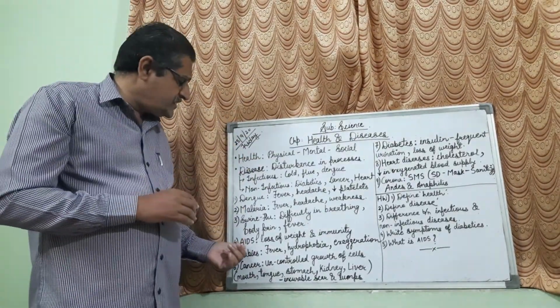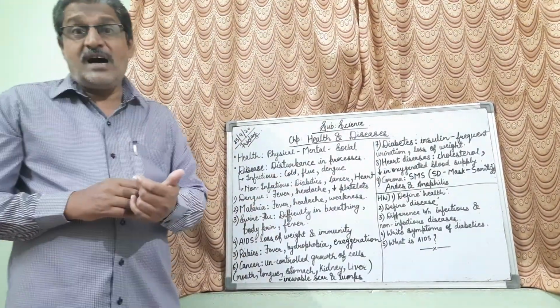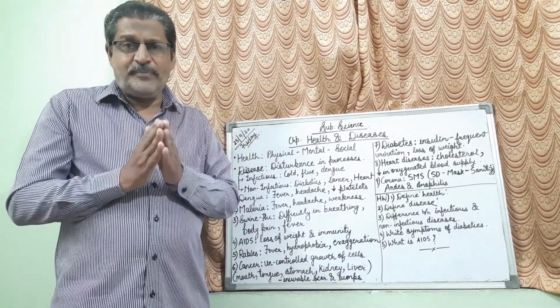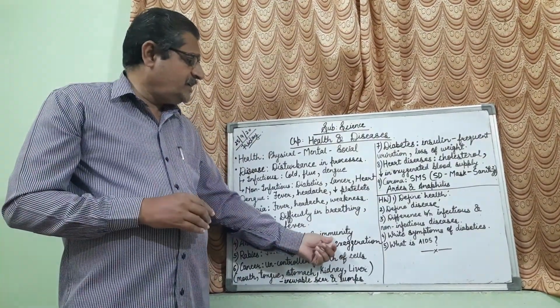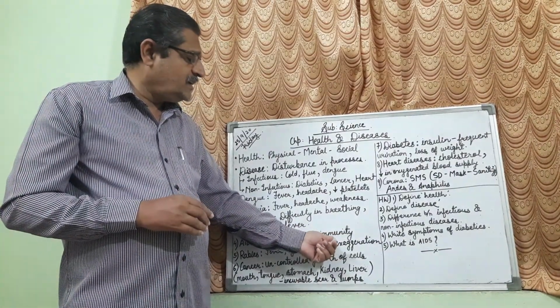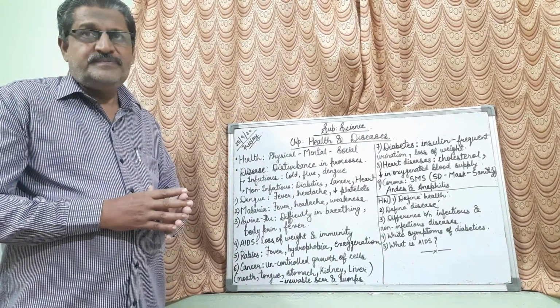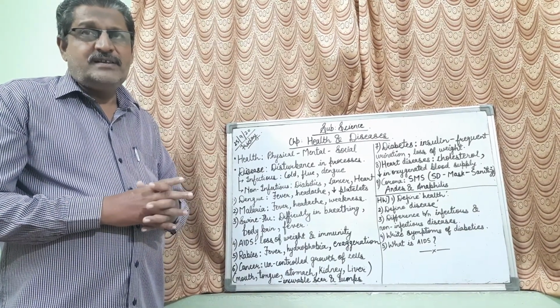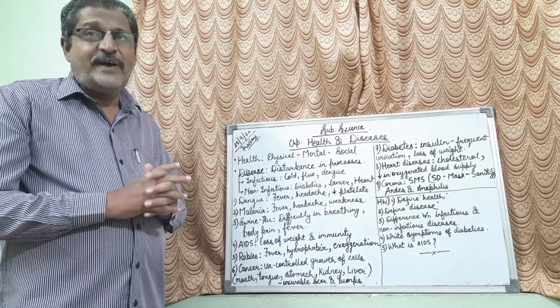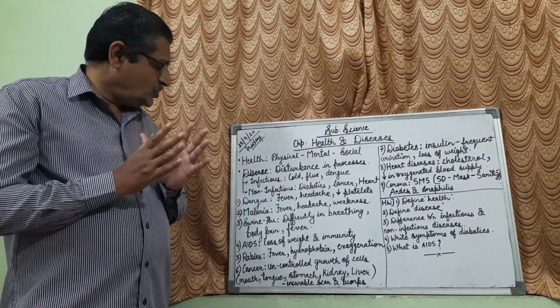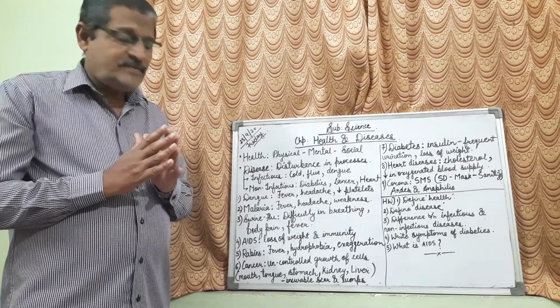In this disease the white cells are destroyed, they are damaged, and due to damage of the white cells, what happens? Our immunity decreases continuously. So this is a very dangerous disease. And listen, this disease has no vaccine till now. So you should know about AIDS.